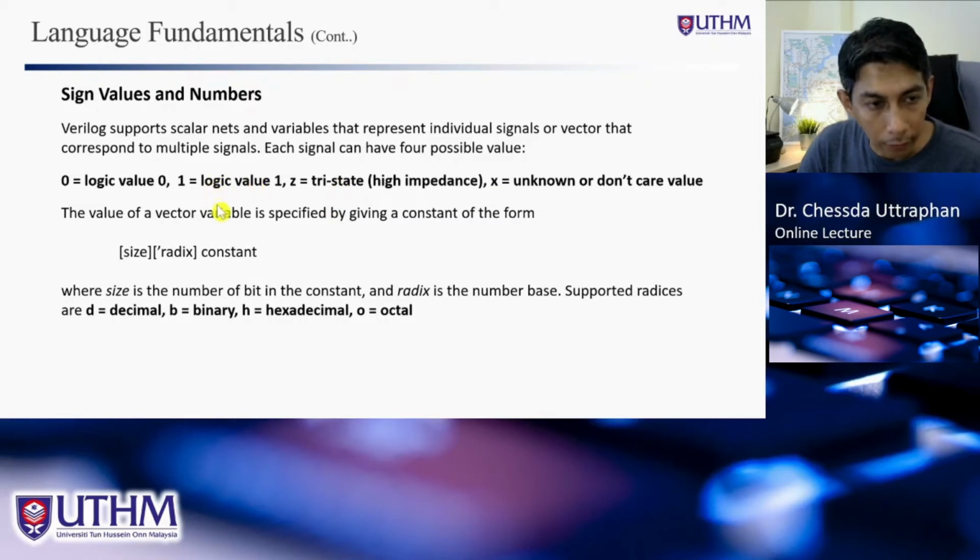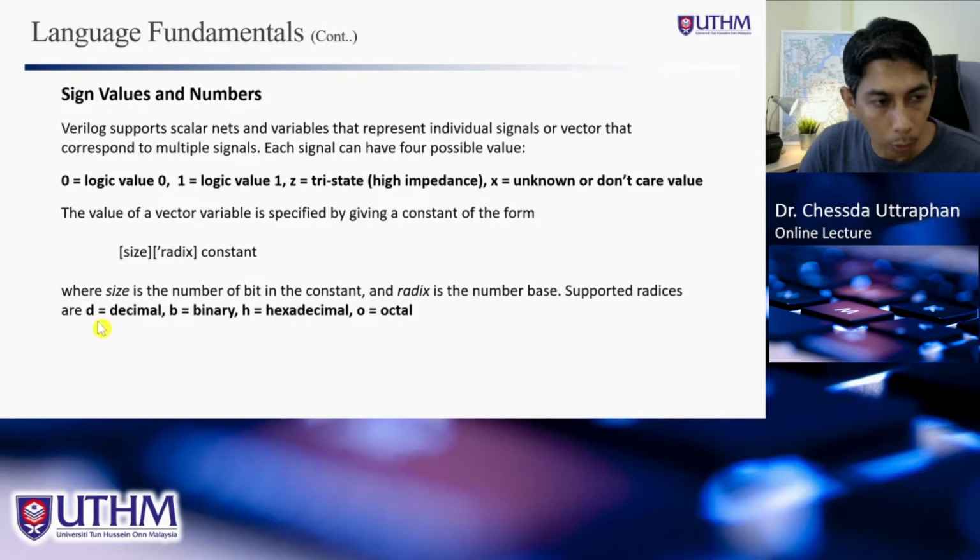The format of representing a number in Verilog is like this. The first field is the size of your number, and the second field is what we call the radix. The radix means the base, whether your number is decimal, hexadecimal or binary. That is called the radix, followed by the number.